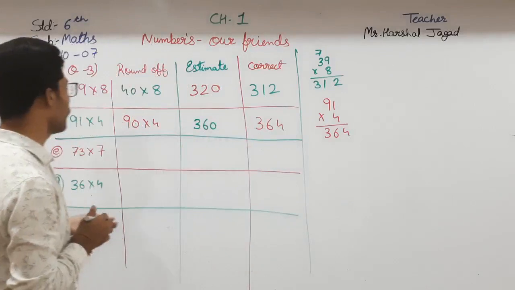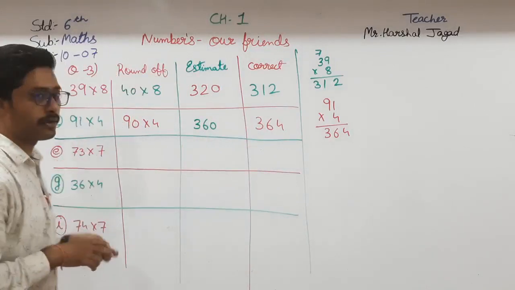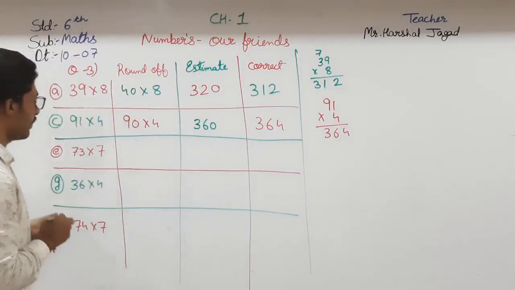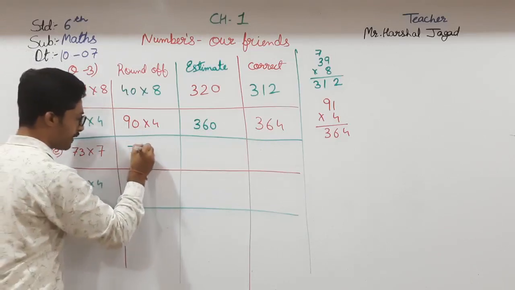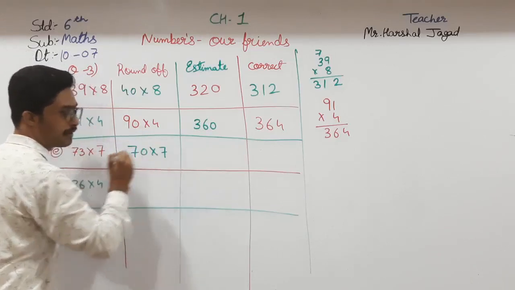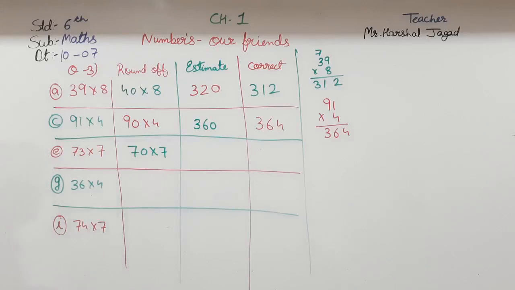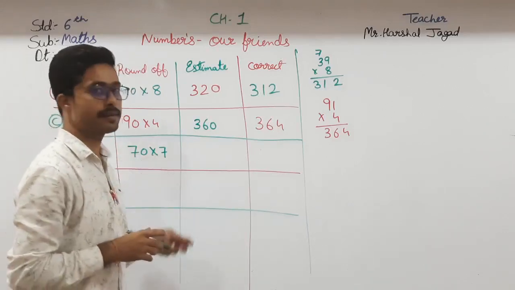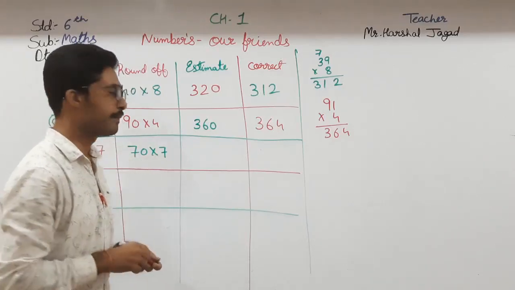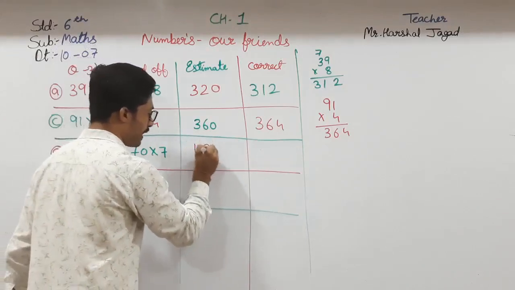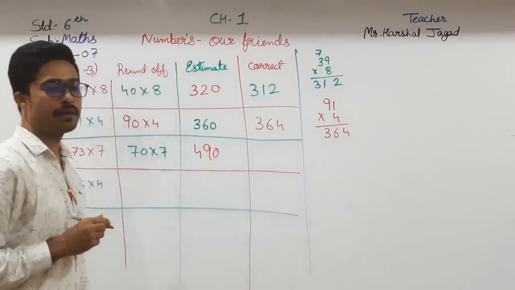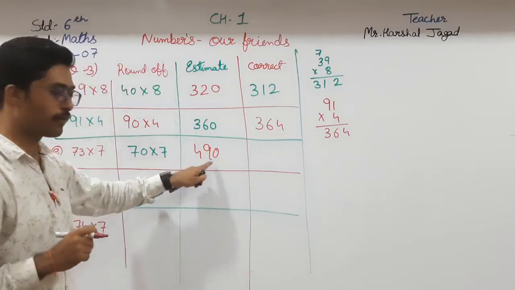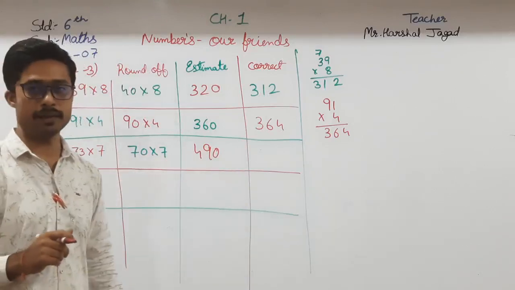Now moving forward to 73 into 7. So here 70 into 7, then you can say 7 sevens are 49. So here 490 is your answer. 7 sevens are 49 and 1 zero over there.